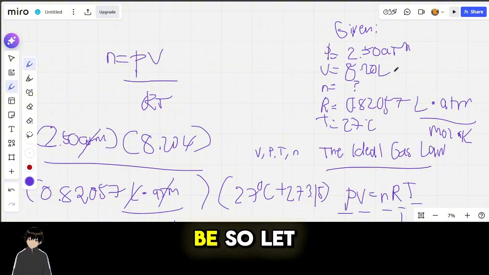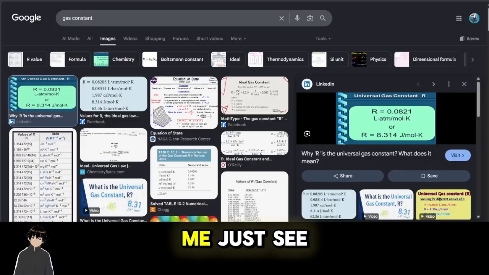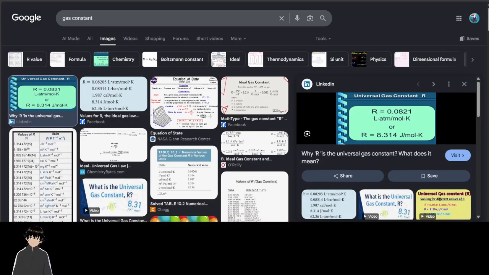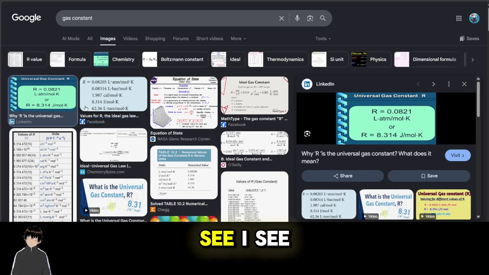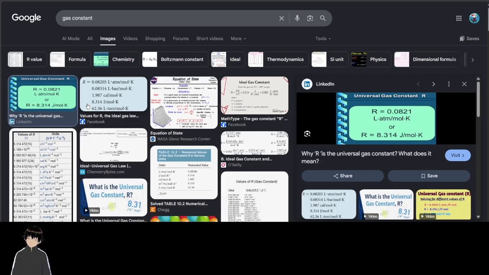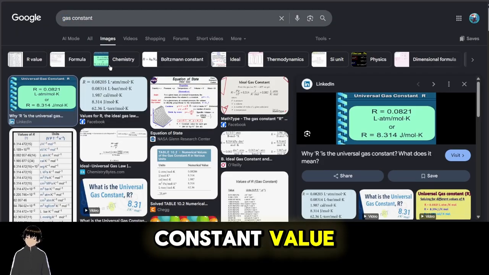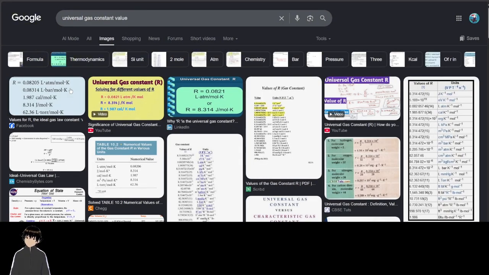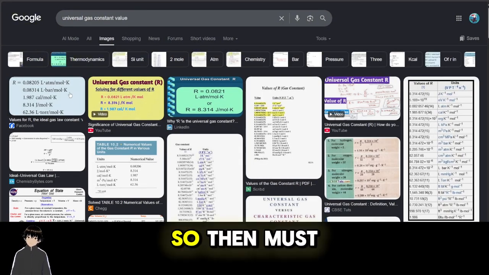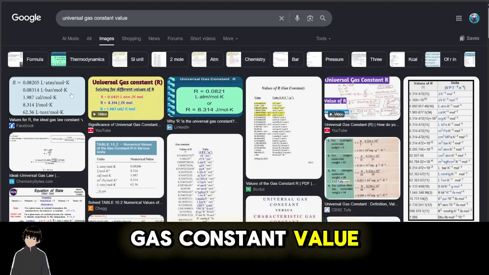Yeah, there has to be. So let me see the gas constant. I see. The universal gas constant value. Okay, so then must I use something else for the universal gas constant value?